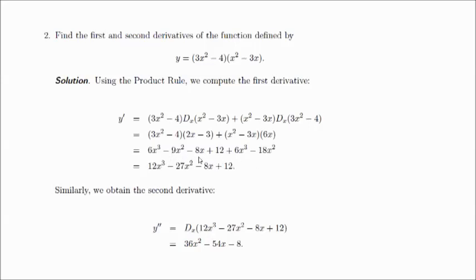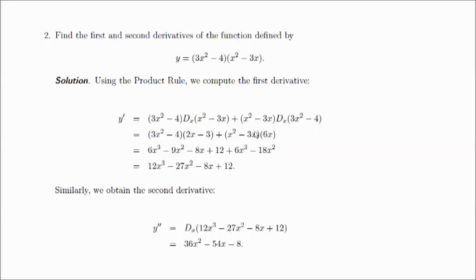This one. Negative 27x squared. Negative 8x plus 12. Then second derivative, derive lang ulit itong previous na derivative. So 36x squared minus 27 times 2, 54 minus 1, then negative 8, 0. So this is the answer.